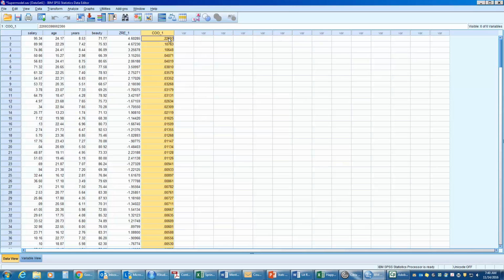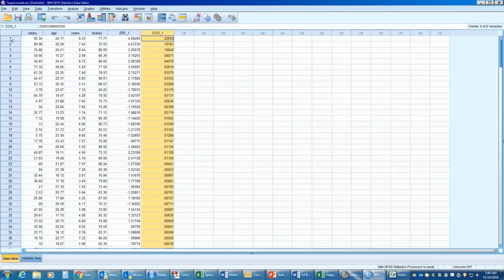And yes, this one has emerged as problematic. At 95, you know that this supermodel is making quite a bit of money compared to everybody else. These are my standardized residuals, and at 4, these are quite a bit away from the mean of 0, and they could also be considered problematic or influential.